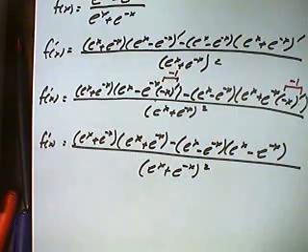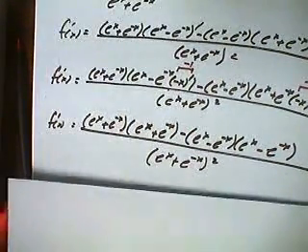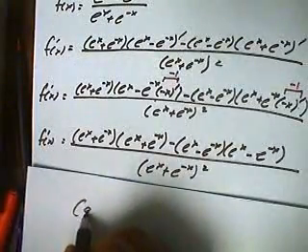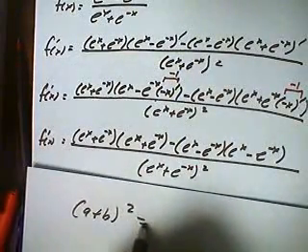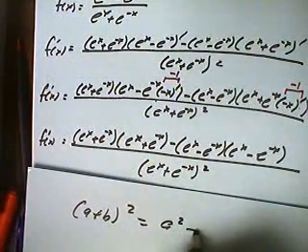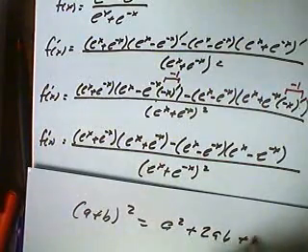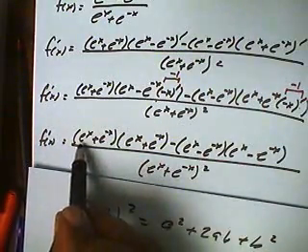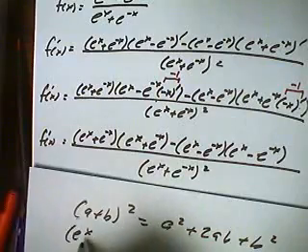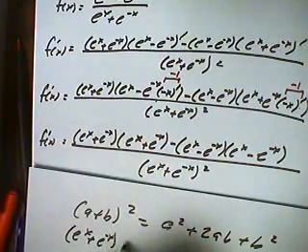Okay, from here, I want to use a rule called the binomial expansion rule. The binomial expansion rule is this: (a plus b) squared equals a squared plus 2ab plus b squared. In this case, my e to the x will be my a, and my e to the negative x will be my b.